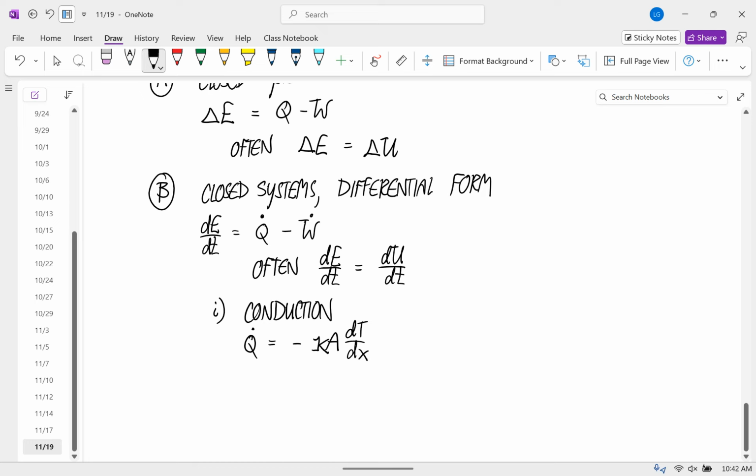And this is the form that you see, so I'm leaving that negative there, but remember that negative really doesn't mean anything for us. We're going to come up with a sign by inspection.